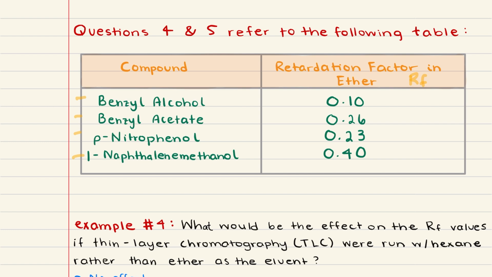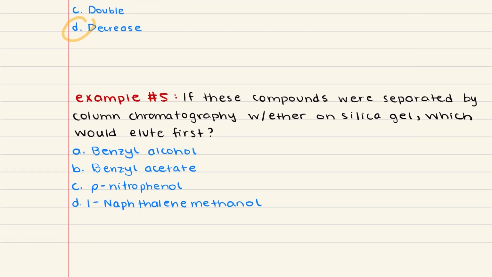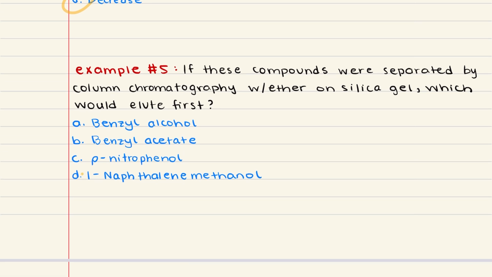The compound with the highest RF value is 1-naphthalene methanol with a value of 0.4. This suggests it's the least polar of the group and it would interact the least with the silica gel. That means it would elute first in column chromatography, so 5 is D.